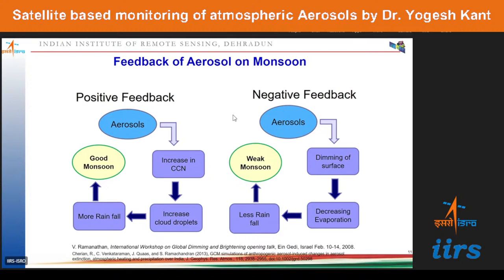But on the other hand, an increase of aerosol also causes more reflection at the top of the atmosphere. It means there is a dimming of the solar radiation at the surface. Hence, there is a decrease in evapotranspiration or evaporation, which means less rainfall. So there will be a negative impact on the rainfall system.